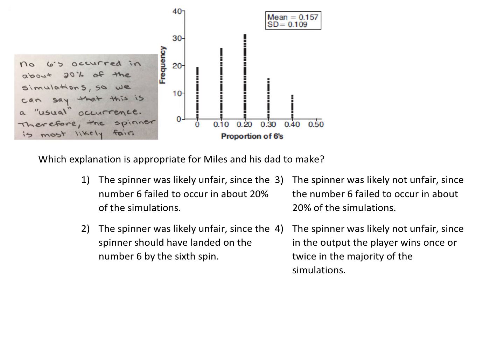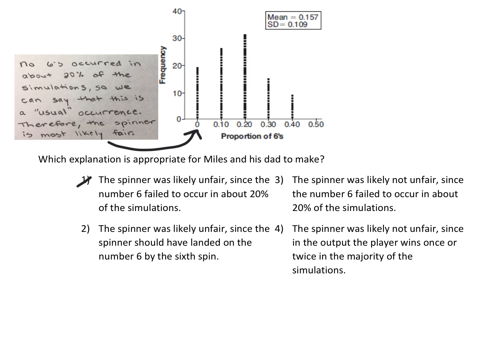Okay, so I just want to point this out again. When we look right here, no 6s, so 0 6s, occurred in about 20% of the simulations. So we can say that this is an expected outcome, okay? It is a usual occurrence. Therefore, the spinner is most likely fair, okay? So we can see that right here. Okay, so you can read through each of the answer choices.